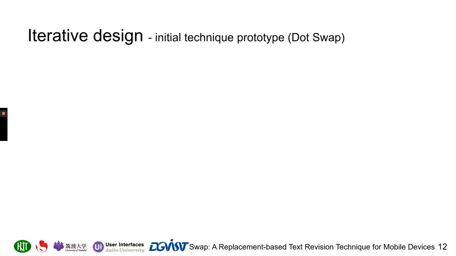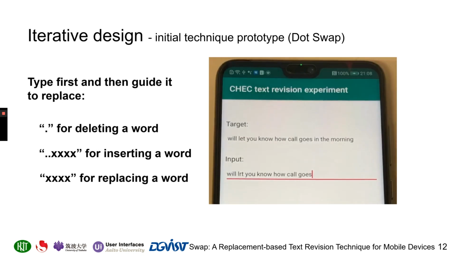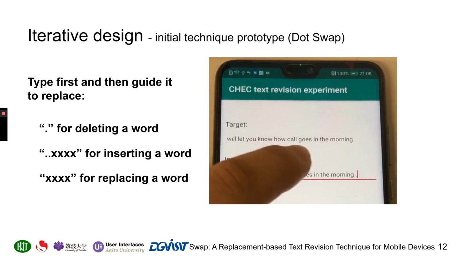We use an iterative design in this study to validate and enrich our technique. In the first prototype, we use a dot to symbolize the deletion, and the rule of using the dot turns inserting a word into a replacement.